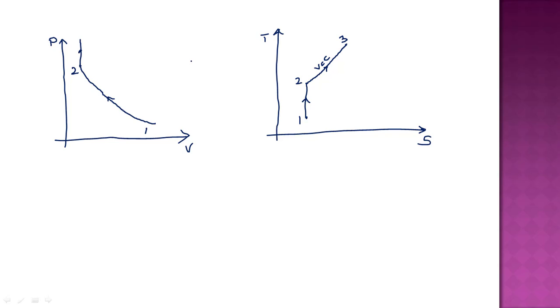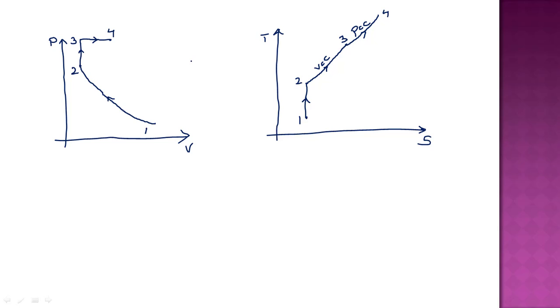And 3 to 4 constant pressure heat addition. So that is represented in the TS diagram like this. And in the PV diagram, constant pressure heat addition is represented as a horizontal line, as we know that when pressure is kept constant, temperature is directly proportional to volume. So that's why as the temperature increases, volume also increases.